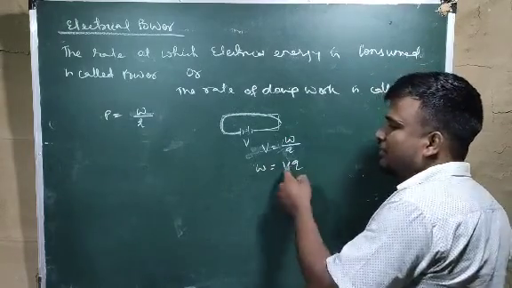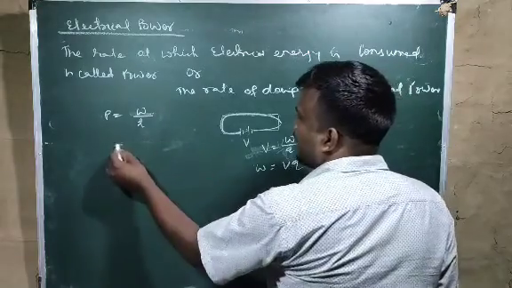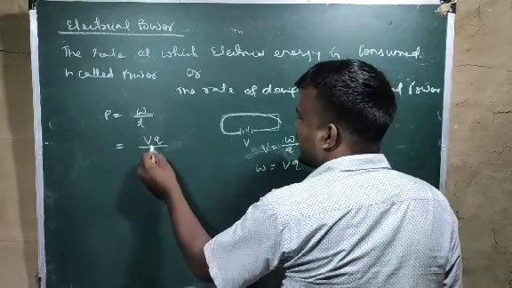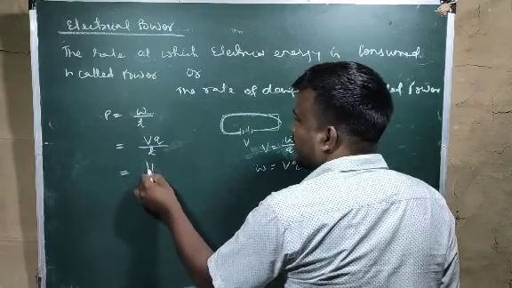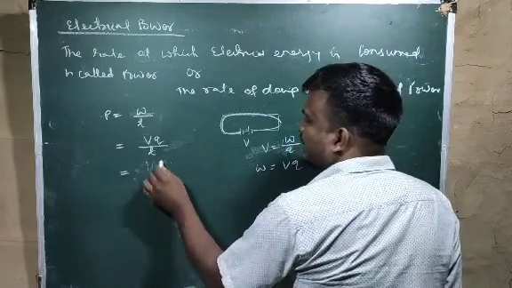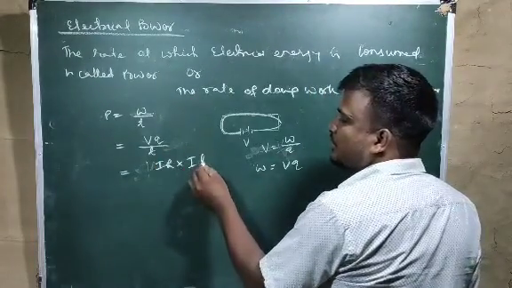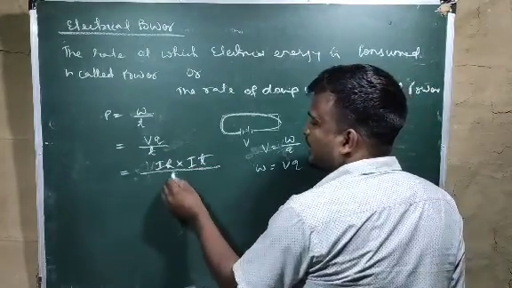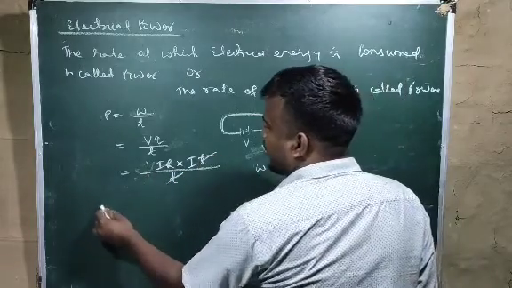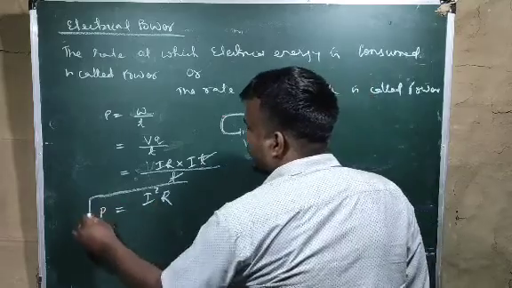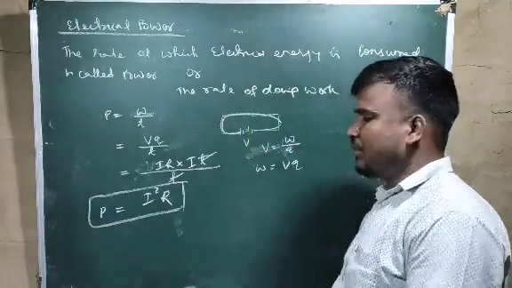In place of W, I can write VQ divided by T. But we already know, according to Ohm's law, V is IR, and Q is equal to IT. Divided by T, so T and T get cancelled. Power will be equal to I square R. So this is one formula for power.